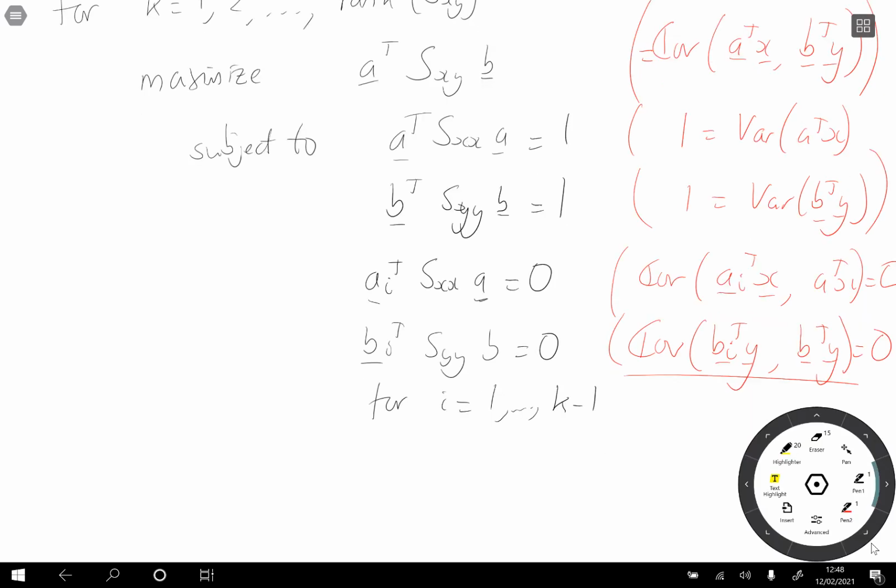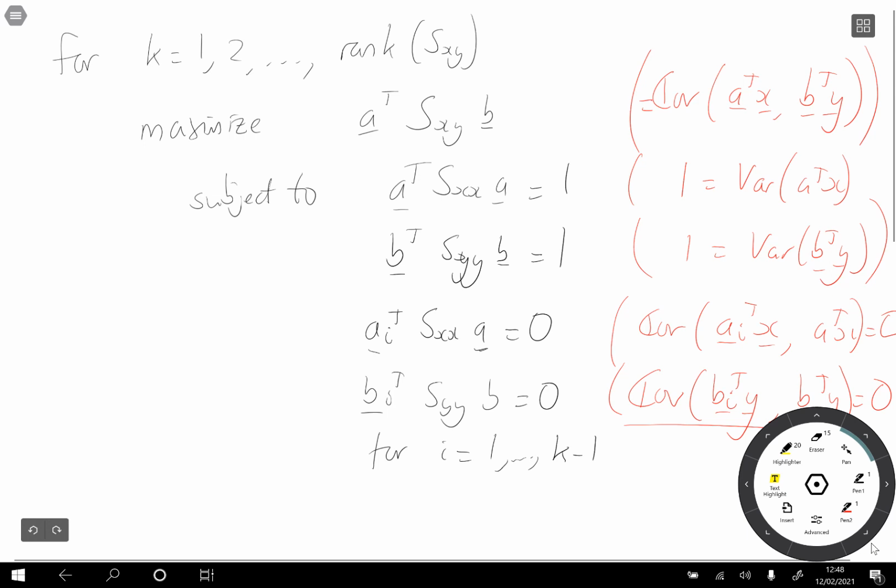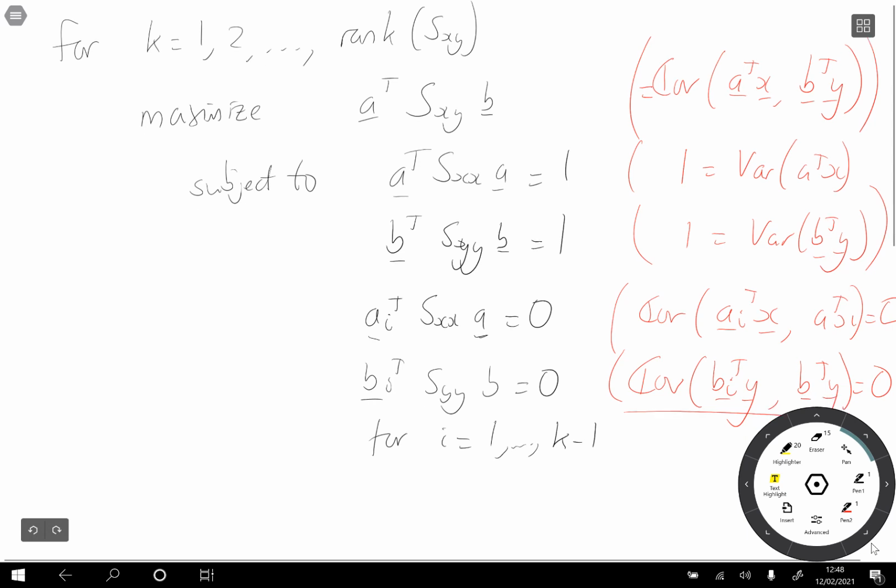Now I just wanted to note here that another way of writing down this problem, so instead of writing it as a problem for k equals 1, 2, etc., we can write it down all in one go like we did for PCA.